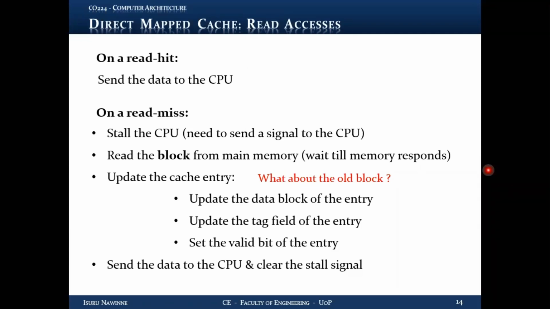One of the two or both. So what do we do with this old data block now? We have a little problem here, right? Do you see the problem? Can we just overwrite that old data block? Can we just discard it and forget about it? Is that fine?